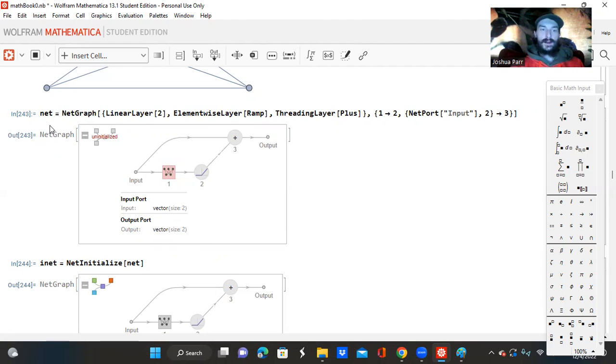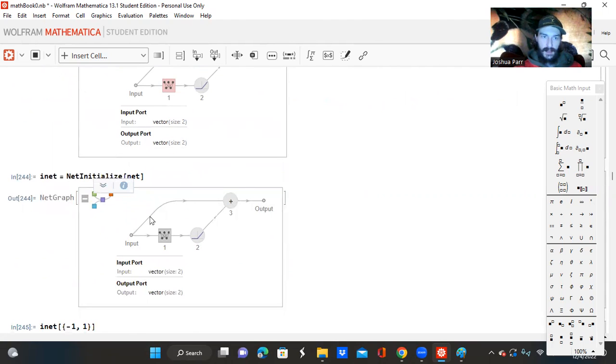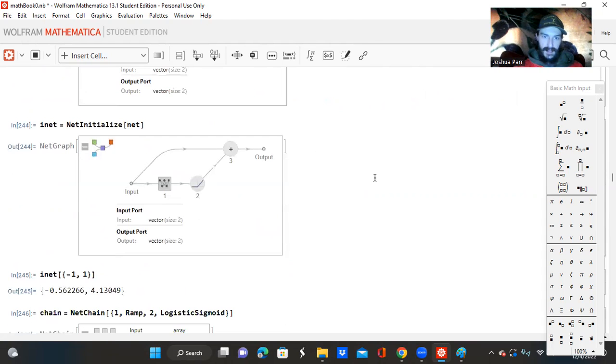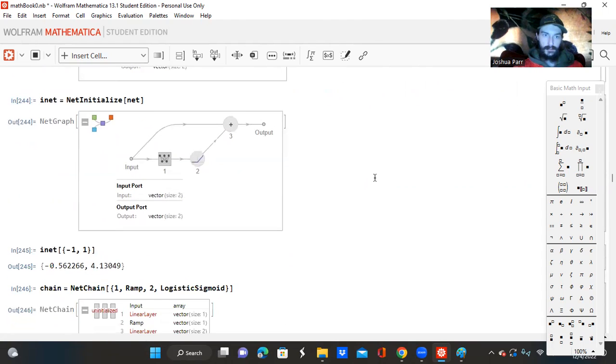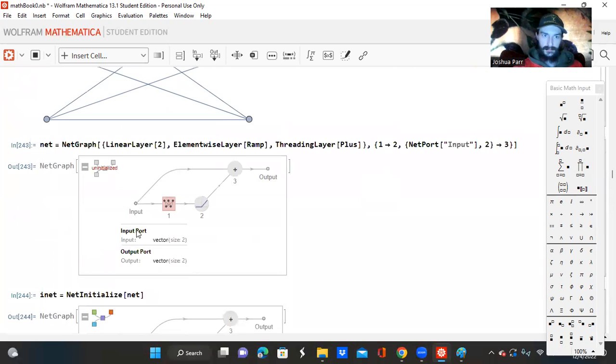So right here, I'm creating a variable called net, and it is a net graph, linear layer, net port, and this net graph object works like so. And now I'm initializing that net object. It's got vector size 2 and an output port size of 2 as well. Input and output port size, same as before.